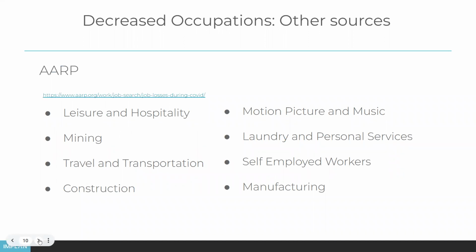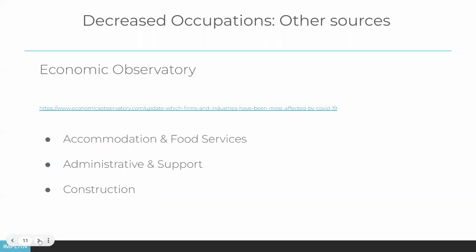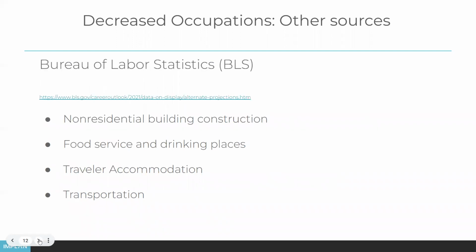AARP published an analysis stating that the most impacted occupations were those found within leisure and hospitality, mining, travel and transportation, construction, motion picture and music, laundry and personal services, self-employed, and manufacturing sectors. Economic Observatory indicated that accommodation and food services, administrative and support roles, and construction roles were among the hardest hit occupations.